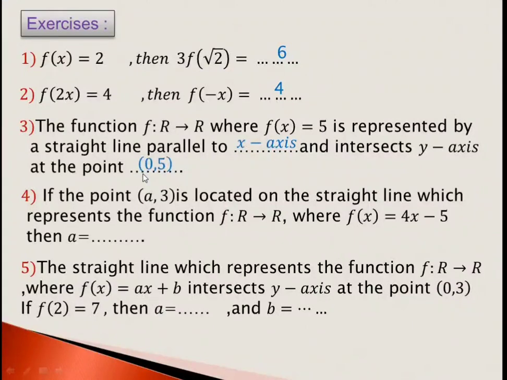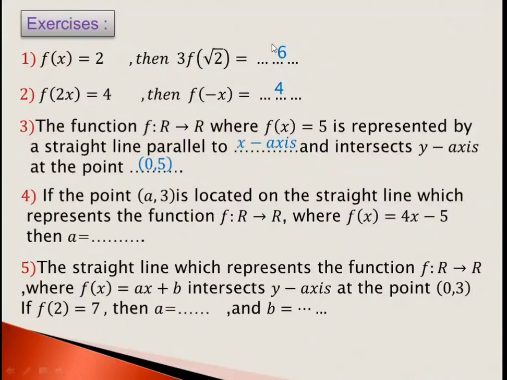Again, the constant function f of x equals a is represented by a straight line parallel to the x-axis that cuts the y-axis at the point (0, a), with 0 and this constant.